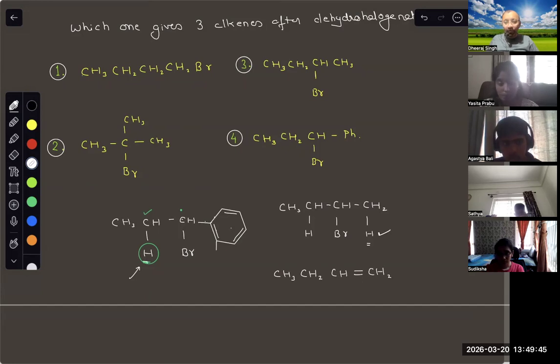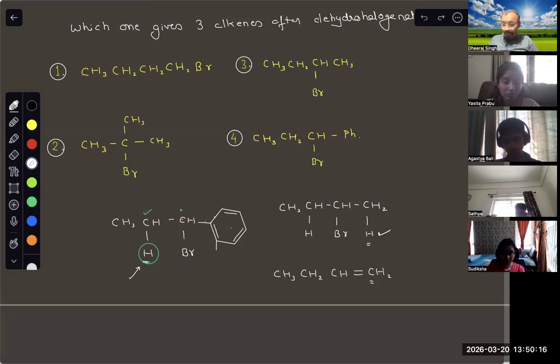Why not? Because for cis and trans, on both the carbons, two different groups should be attached. Here, both of them are hydrogen only.